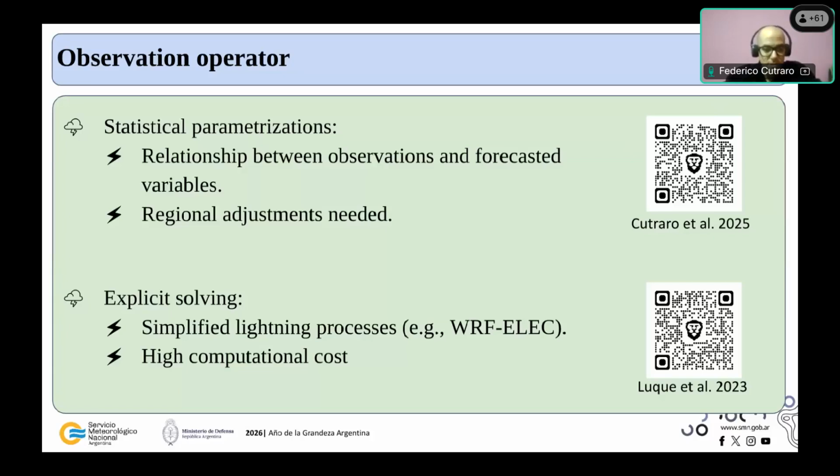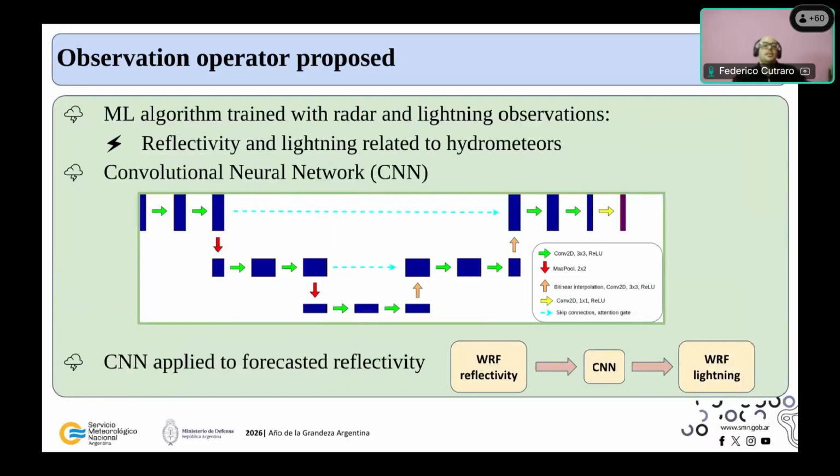The other option is solving explicitly the lightning process in the clouds. For example, the WRF model has the WRF-elec module, but this increases the computational cost, and if you want to use it in an operational environment, this will be a limitation. The approach we take is, as reflectivity and lightning are related to the hydrometeors, we let a machine learning algorithm learn this relationship.